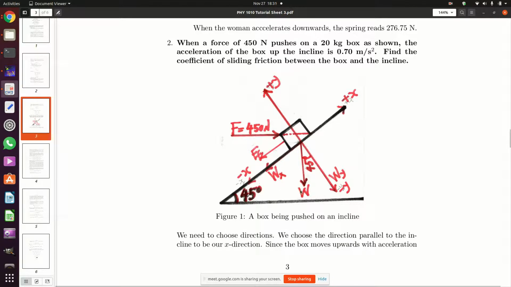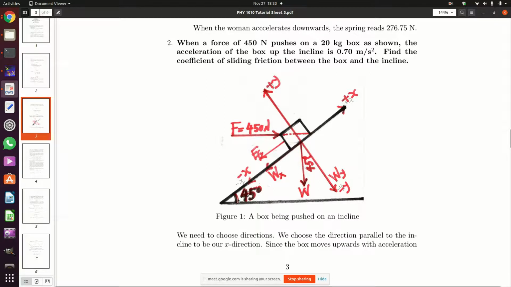So the weight of the box neither points completely in the y direction nor in the x direction, which means it has components. It has a y component along this line, Wy, and an x component along this line. Since the weight is in this quadrant, the x component should be this side, and the y component should be down like that.